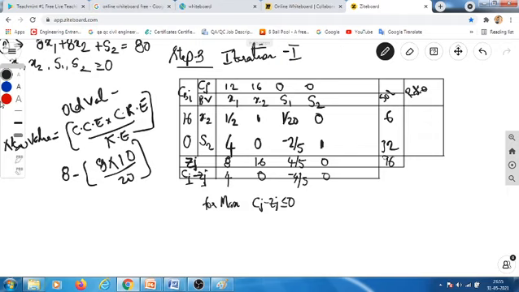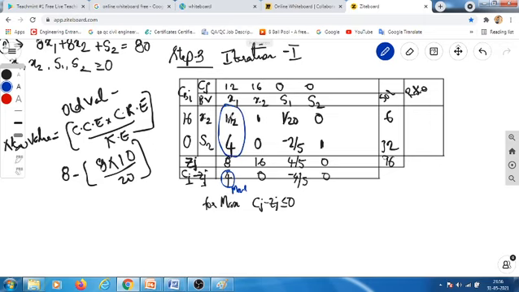So, what do we need to do? Again we need to perform iteration 2. First of all, we select the maximum value. Here the maximum value is 4, so this becomes the corresponding column element.